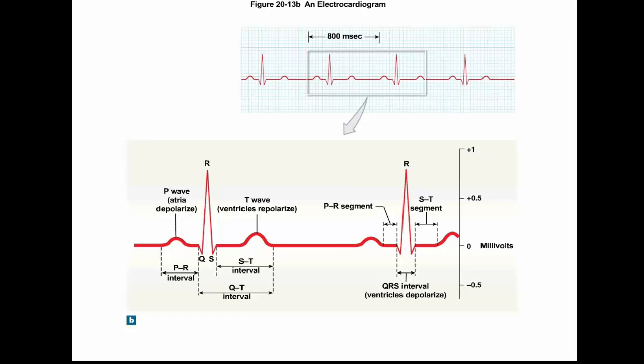The QRS is when you've got ventricular depolarization and ventricular contraction, and then you've got the T wave when the ventricles are repolarizing. Behind the QRS is where you would see the atria repolarizing, but because the QRS is so powerful, you don't actually see that on the tracing.